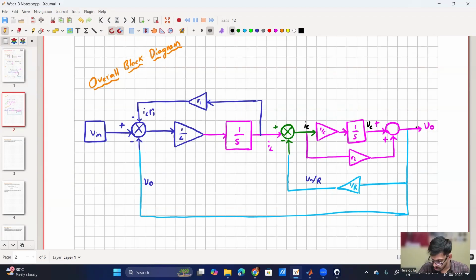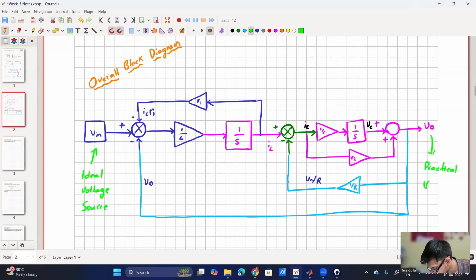This is my actual ideal voltage source, the one that I actually want, and this is the output of the practical voltage source. Based on this, we'll know how much is the deviation and how it is going to act differently from the ideal voltage source.